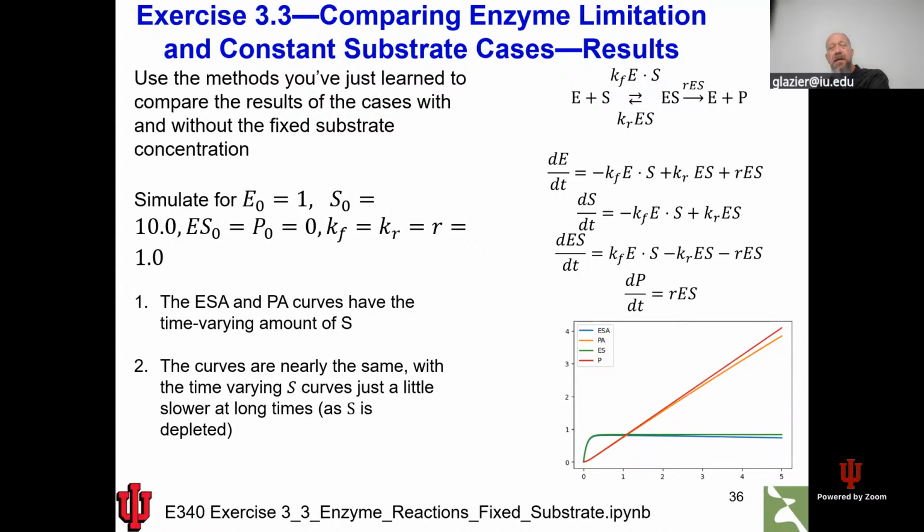And this makes sense. As I'm running the simulation, S, the substrate, is being used up. And so as the substrate is used up, the rate of production will go down. And if I run this for a long time, like 100, I'll run out of substrate entirely. And so in one case, I'll keep producing product. In the other case, the rate of production of product will go to 0.